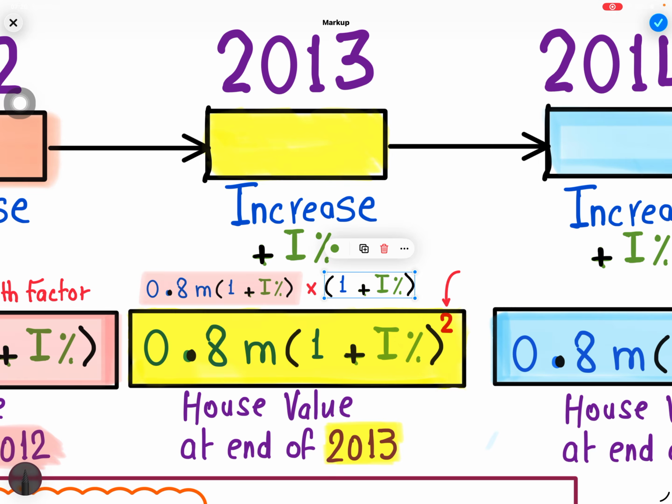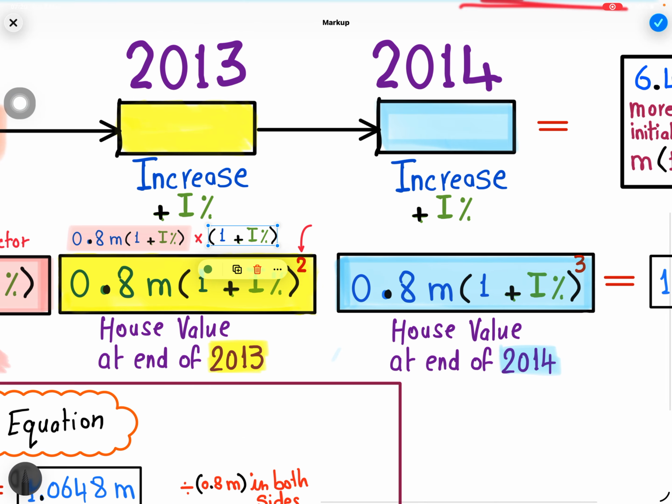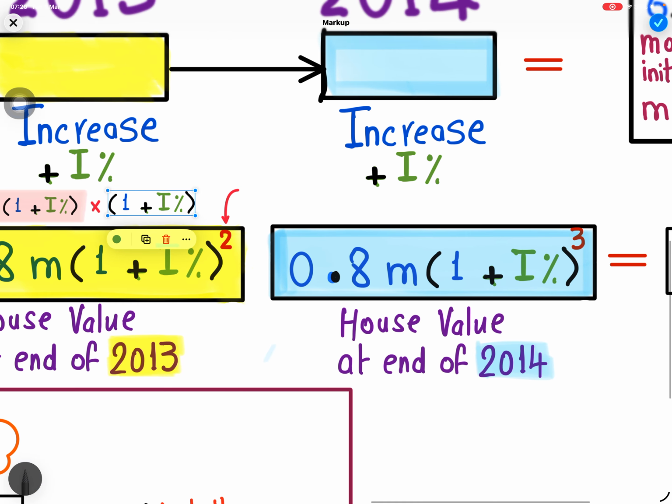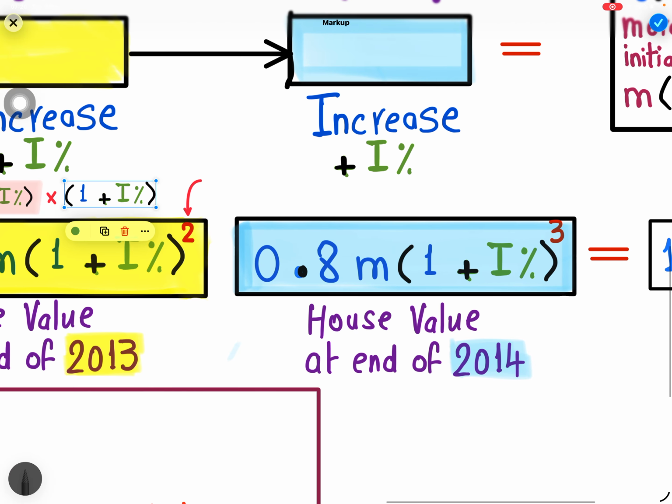By doing the same process more and more, to find the house value at the end of 2014 is 0.8 m multiplied by (1 plus I%) power 3.